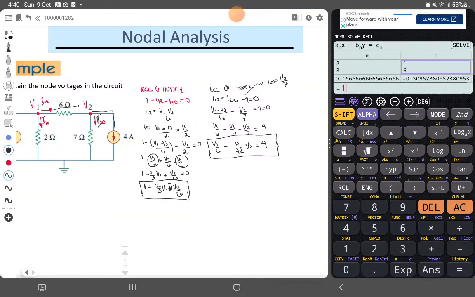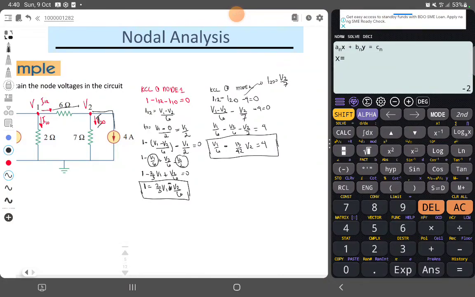So negative 1 over 6, we have negative 2, and V2 is equal to negative 14. Okay, this will be our V1 and V2.